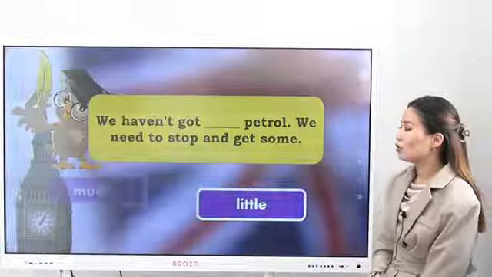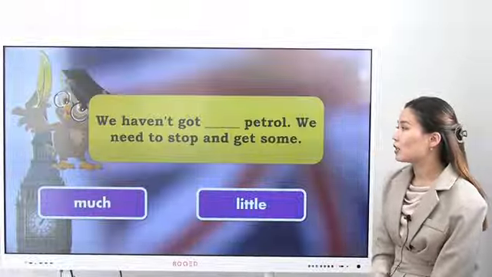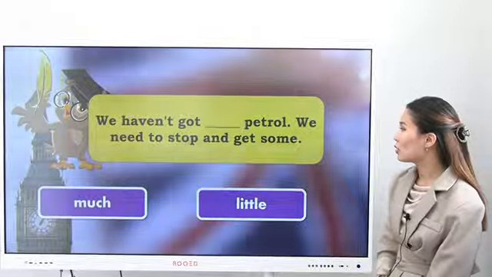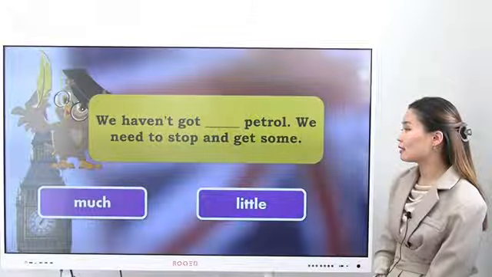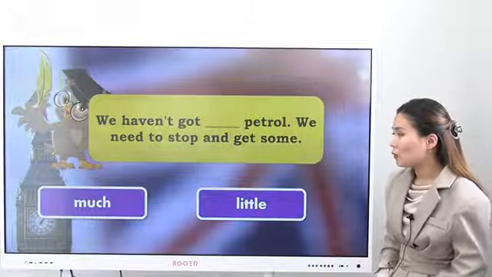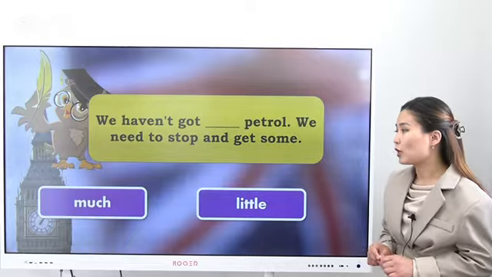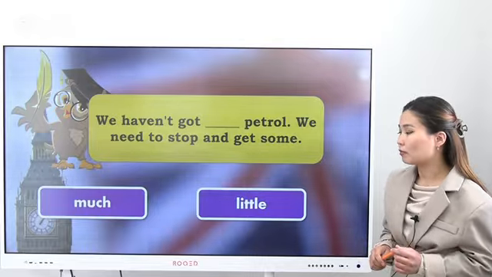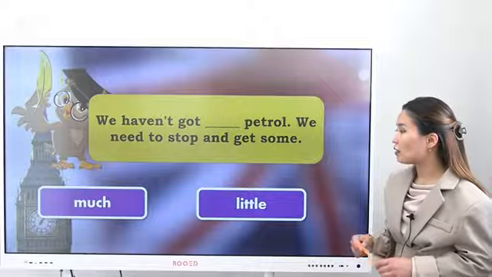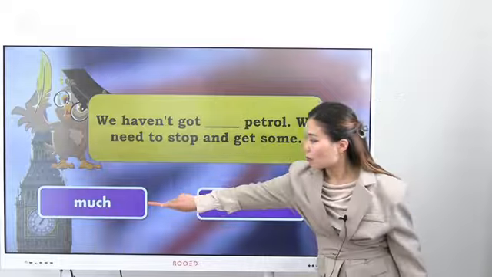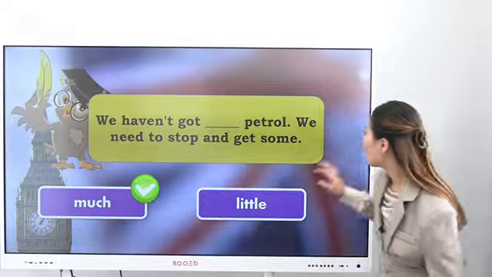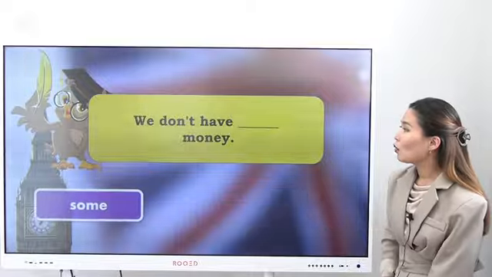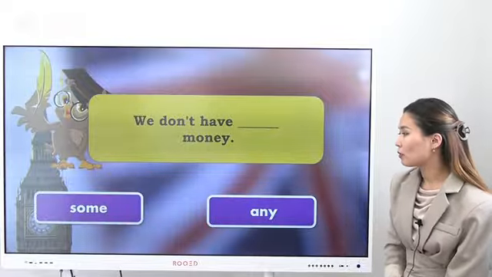Now let's do some exercises. The first sentence, we haven't got petrol, we need to stop and get some. You can put the appropriate word here. Yes, you are right. The answer is much. Next, we don't have money.